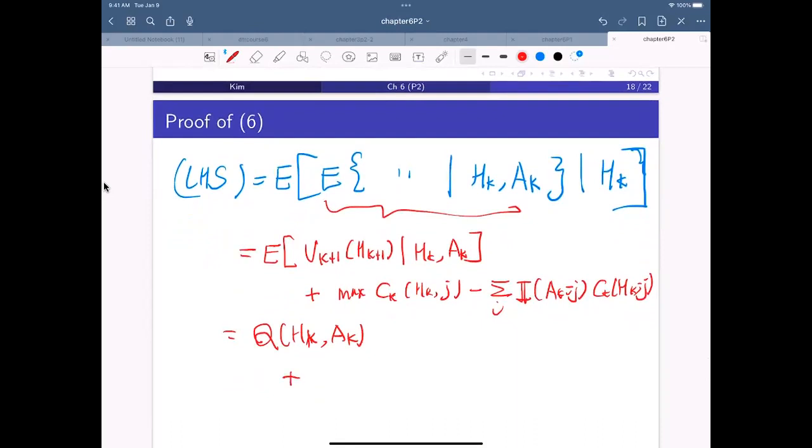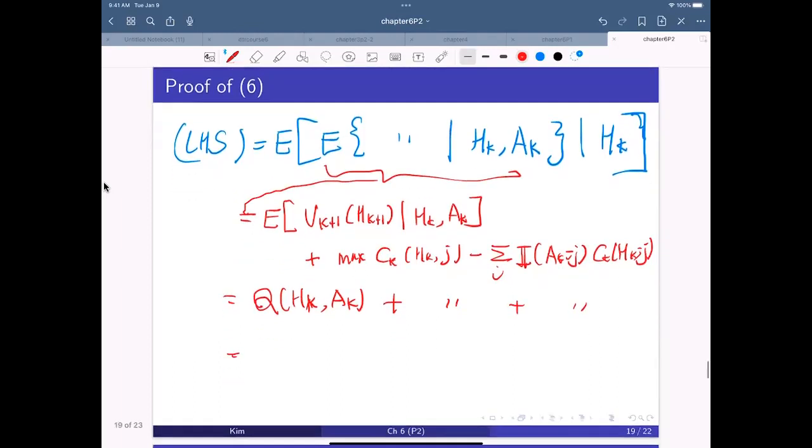So this, I'm talking about the red one inside the expectation. So I guess I can just write the two terms. Okay. And then Q is V nu K HK plus summation J. So we call 1 and 2.